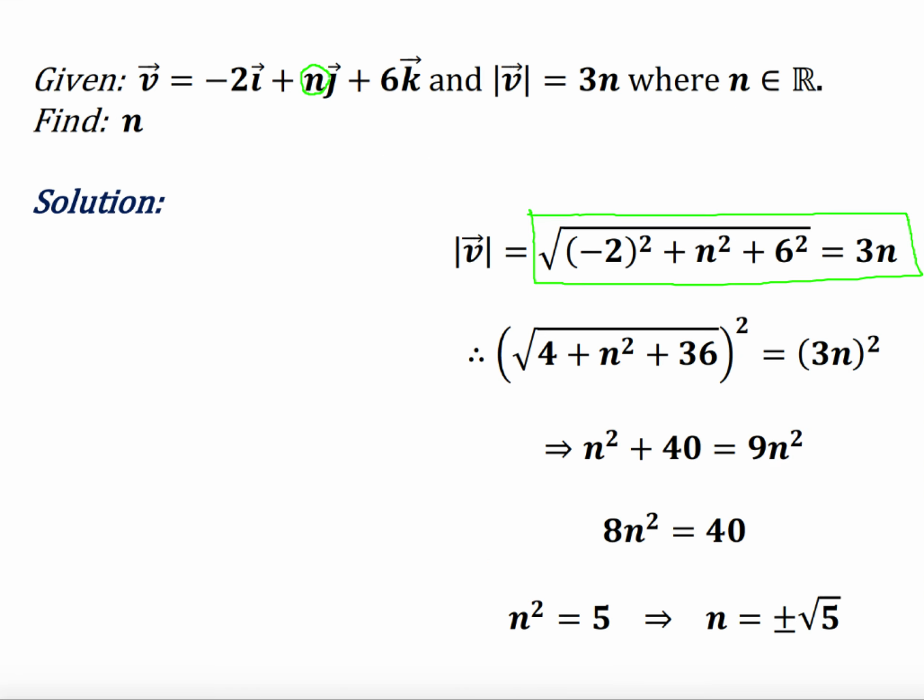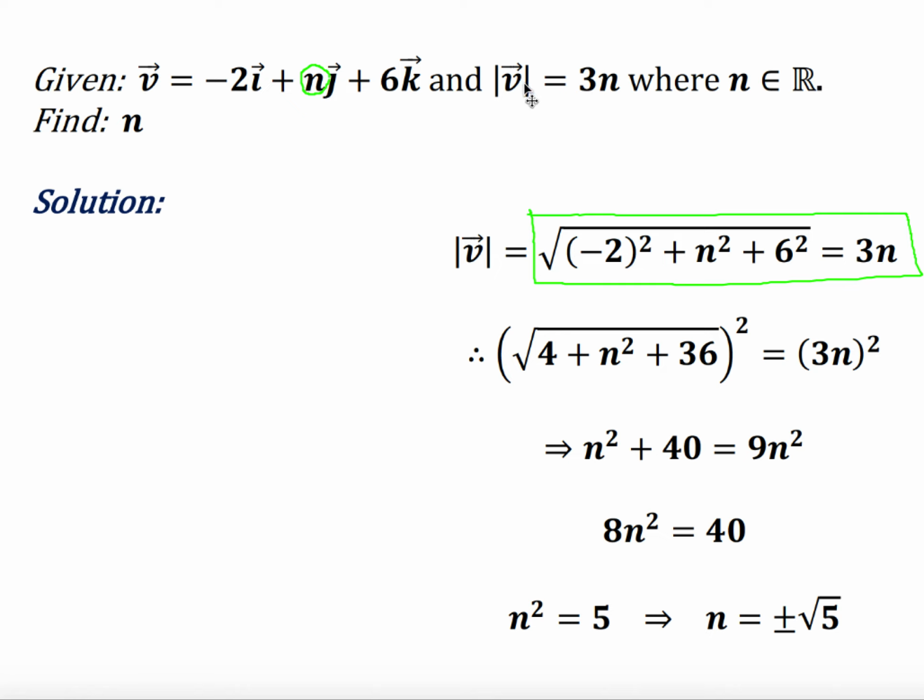So a final example dealing with some unknown vector v, which has a coefficient in terms of the unit vector j that's unknown. So let's actually find n, given that we do know that the length of the vector is 3n, where n's qualified to be some real number.